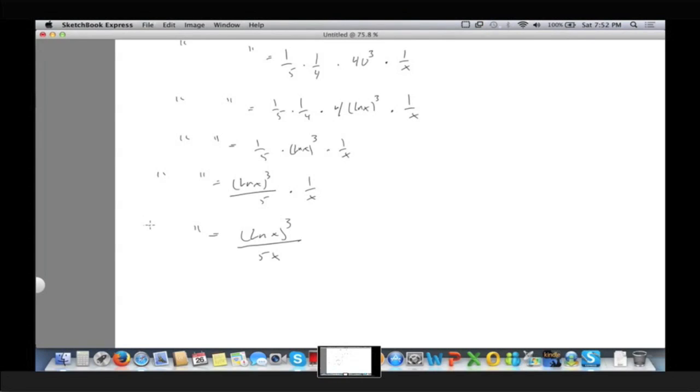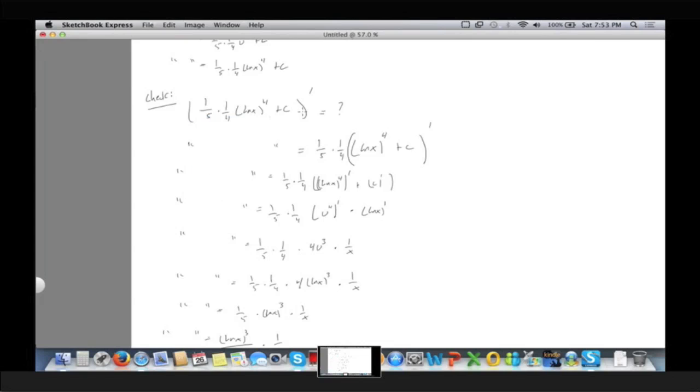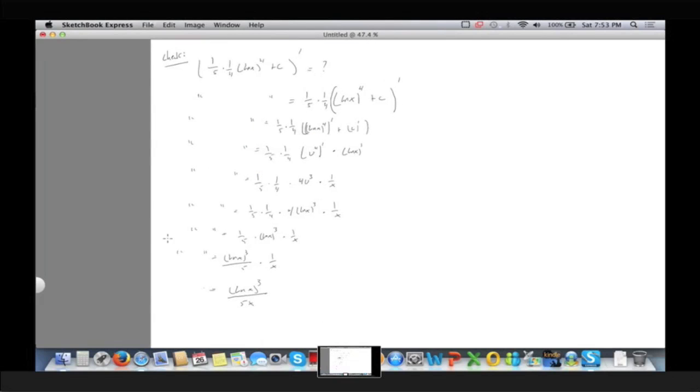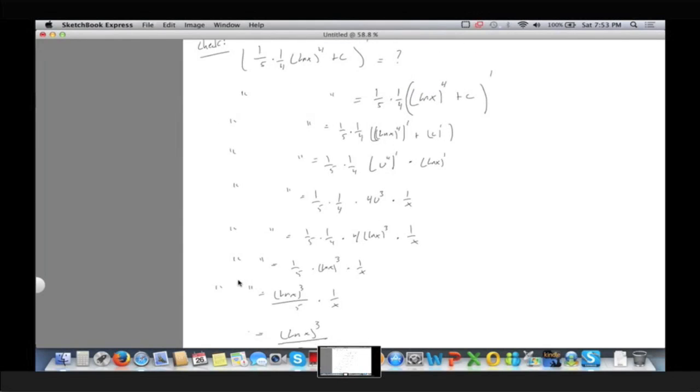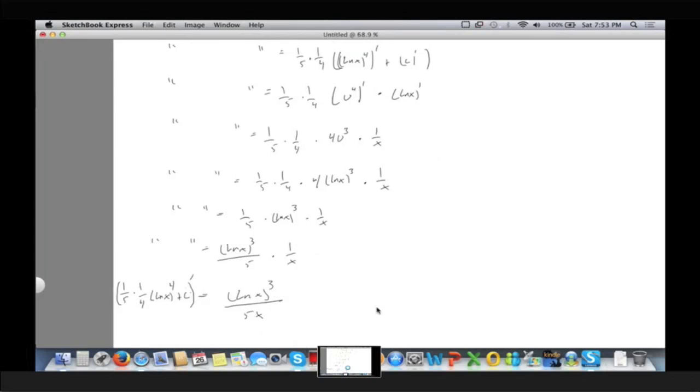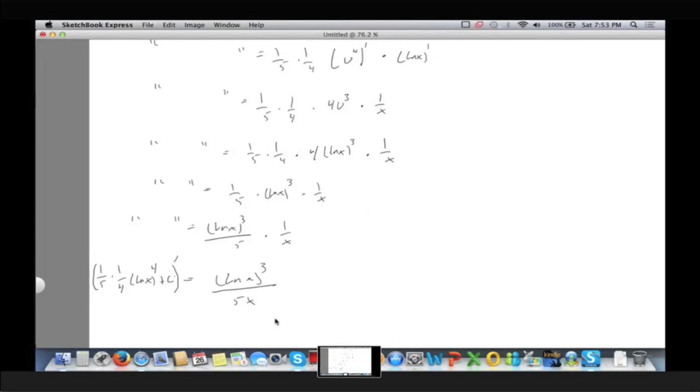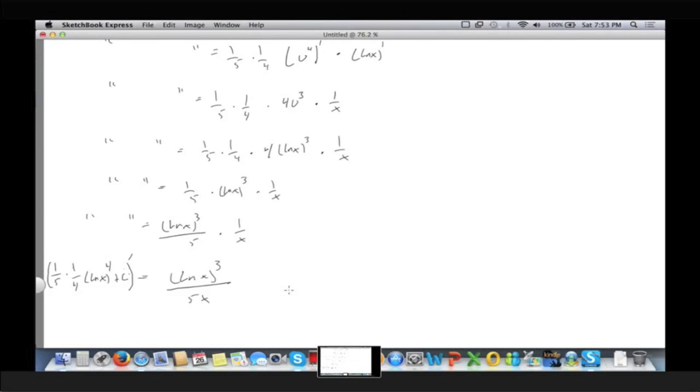What's above? Yeah, they stand for the derivative of our answer. We wanted to take the derivative of our answer and make sure we got back to the original expression we were taking the antiderivative of. Okay, so let's scroll back up.